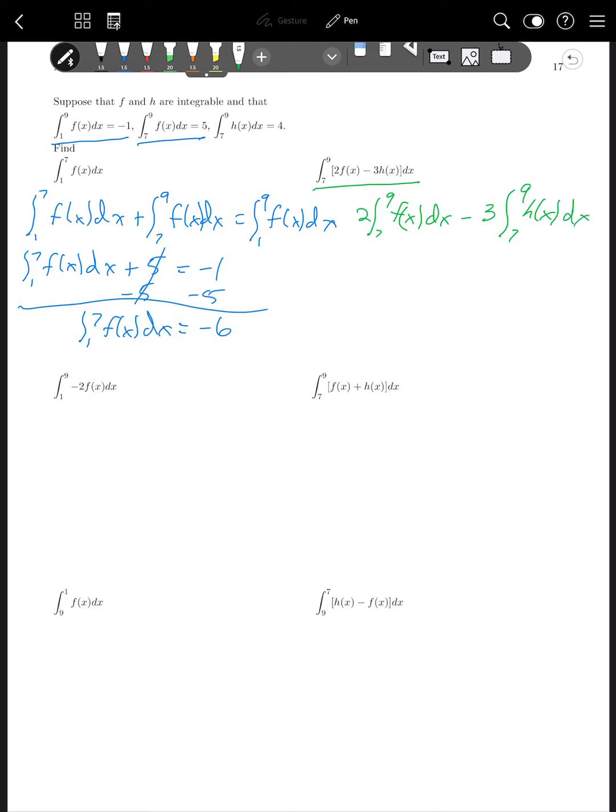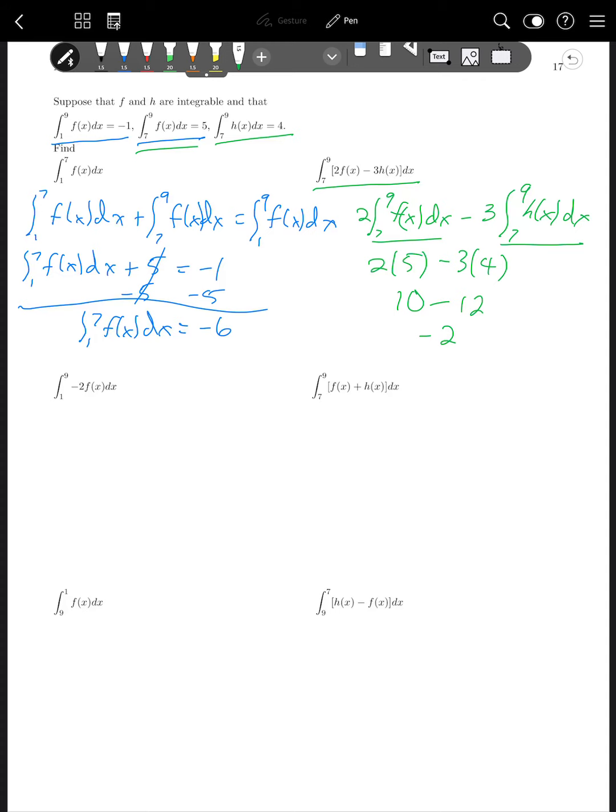So I use the difference rule to break it in 2, and then I use the constant multiple rule to bring the 2 and the 3 out in front of their integrals. And so now I know the value of these two integrals from up here. From 7 to 9 of f of x is 5. From 7 to 9 of h of x is 4. So this would be 2 times 5 minus 3 times 4. So that's 10 minus 12, which is negative 2.